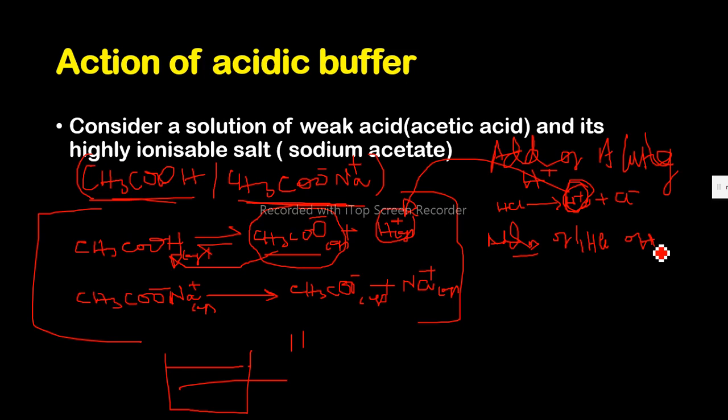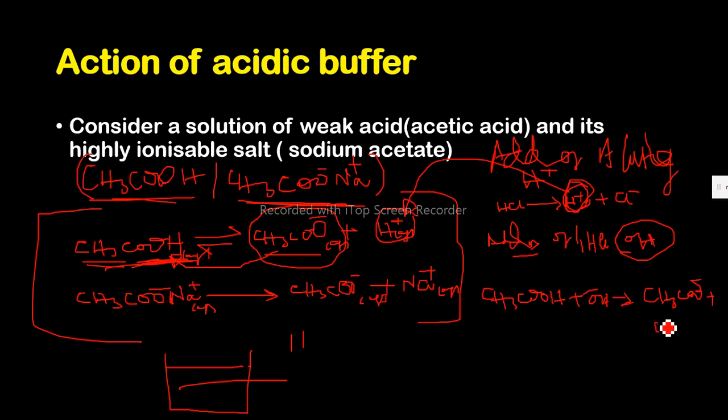Since you have more undissociated acid, the little base added will react with this undissociated acid, CH3COOH plus our little OH minus, to produce our acetate, CH3COO minus, and our water, and the water in this case is a neutral molecule.